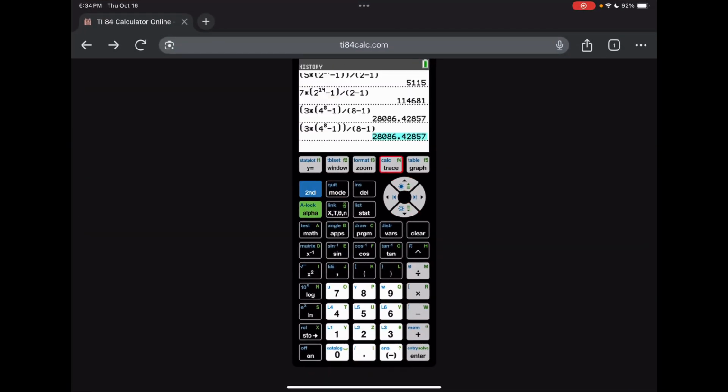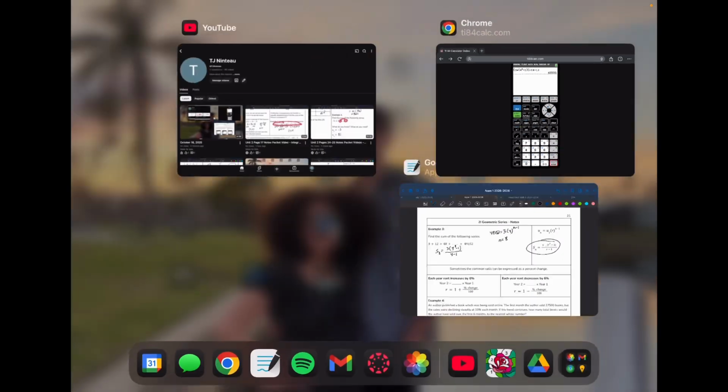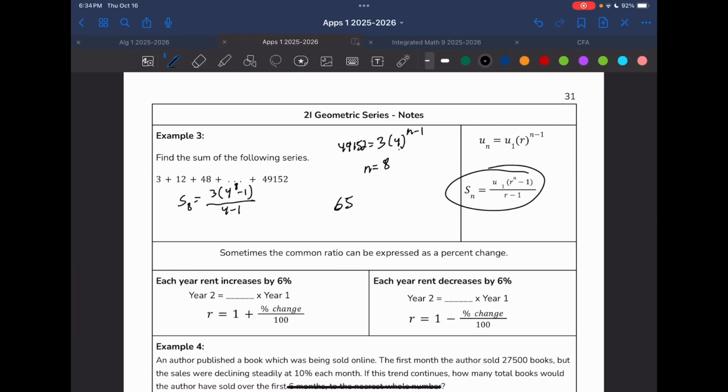All right, and we can go over here, second mode. We can go 3 times parentheses 4 to the 8th minus 1 divided by 4 minus 1. We hit enter and we see that's 65,535.